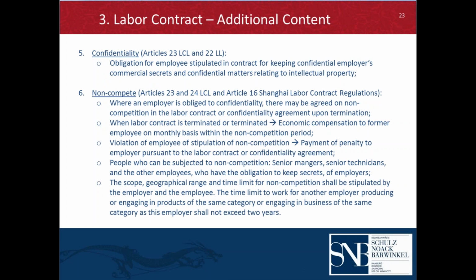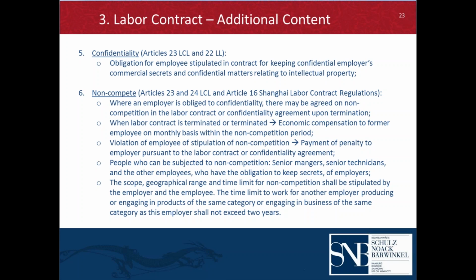And what is also typical in a labor contract is to have a confidentiality clause, which can be entered into the contract. Basically the confidentiality you can also extend for the time after the employment relationship has ended.